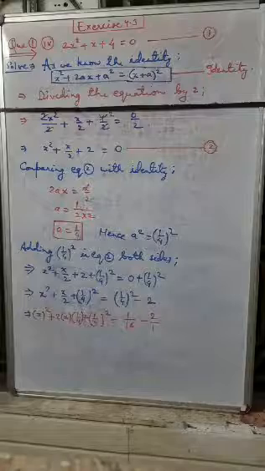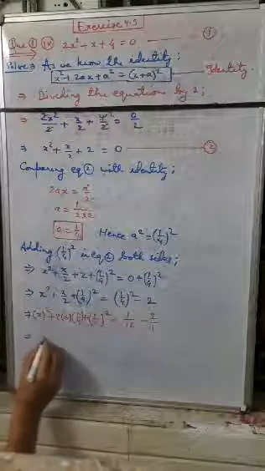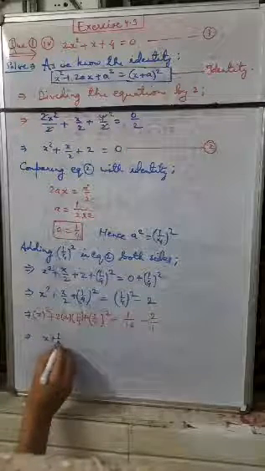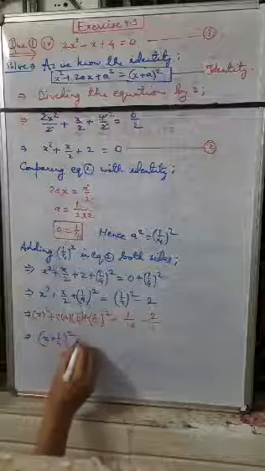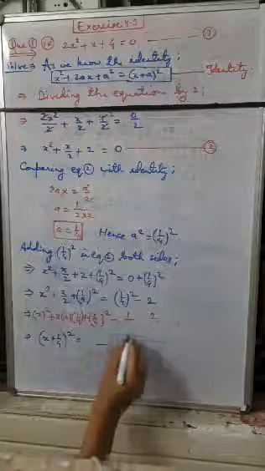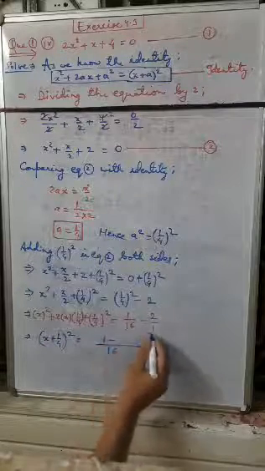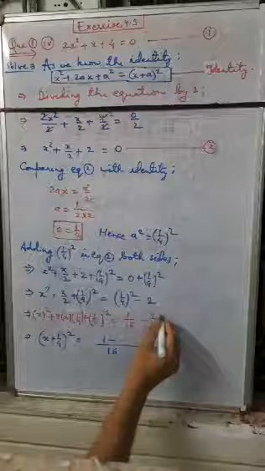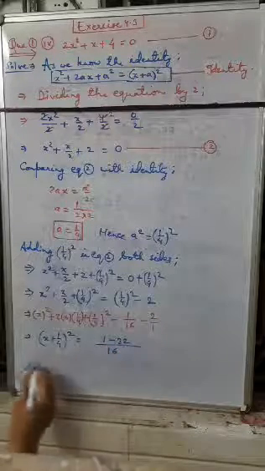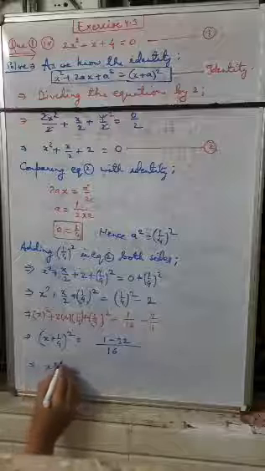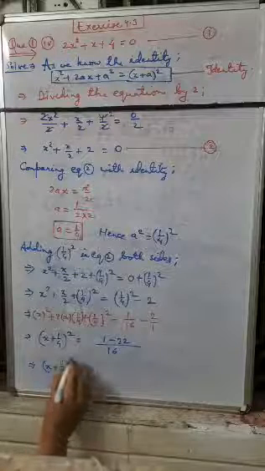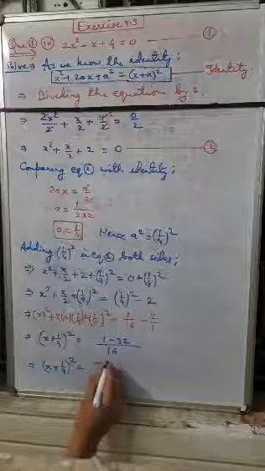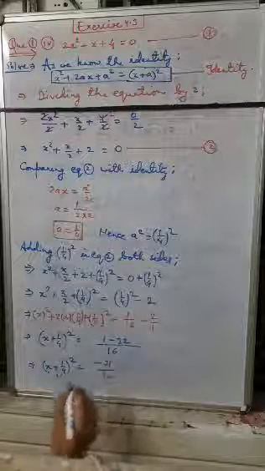Now we can write this equation as (x + 1/4)². Taking the LCM, 16: 1 minus 2 times 16 is 32. So (x + 1/4)² is equal to minus 31/16.